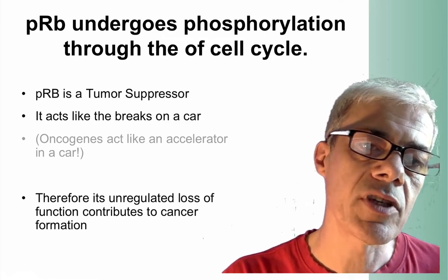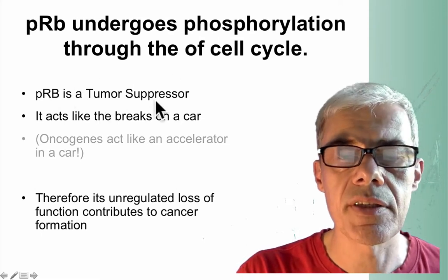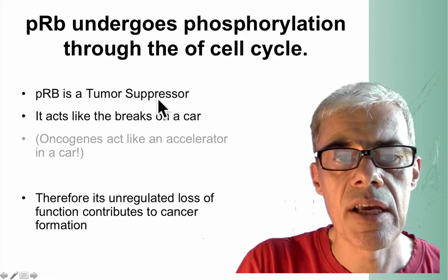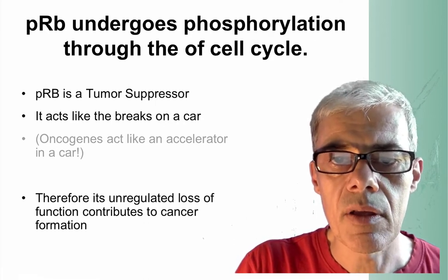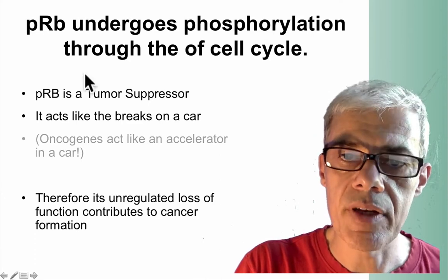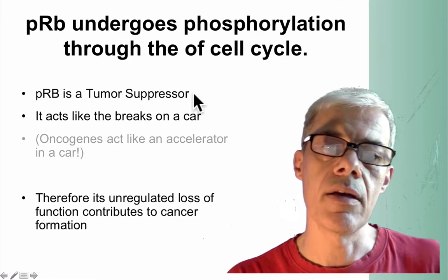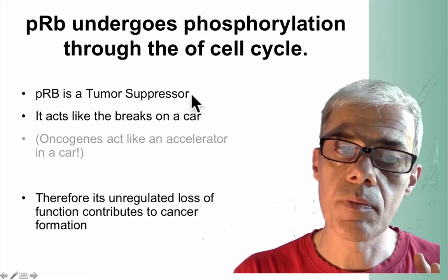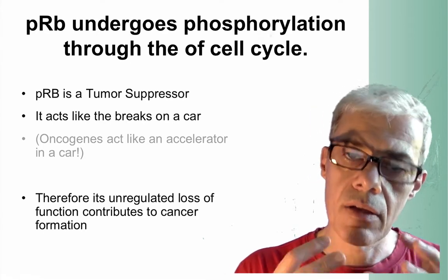So the retinoblastoma protein is a tumor suppressor, and tumor suppressors, as we've already discussed in one of these presentations, their presence in the cell can inhibit growth, and then the cell can temporarily inactivate these genes to allow growth, and then they become active again to halt growth.